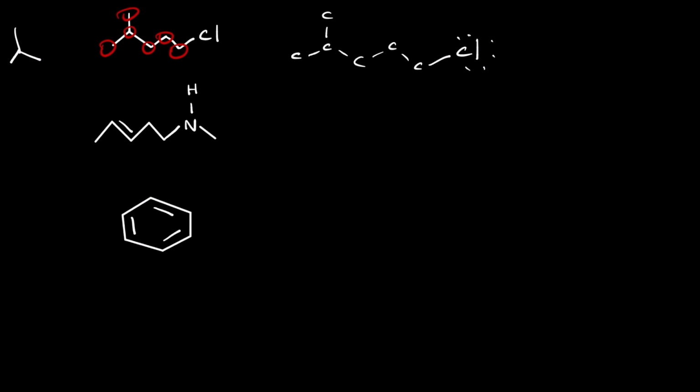Now for this structure right here, you may be wondering, why do I have a hydrogen if they're implied on this molecule here? Well, you see, only these line ends could imply hydrogens. This is not a line end. These are not line ends, and this is a hetero atom.